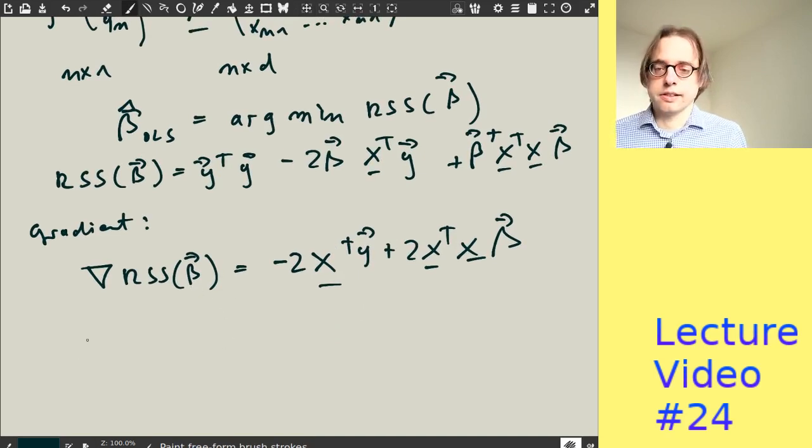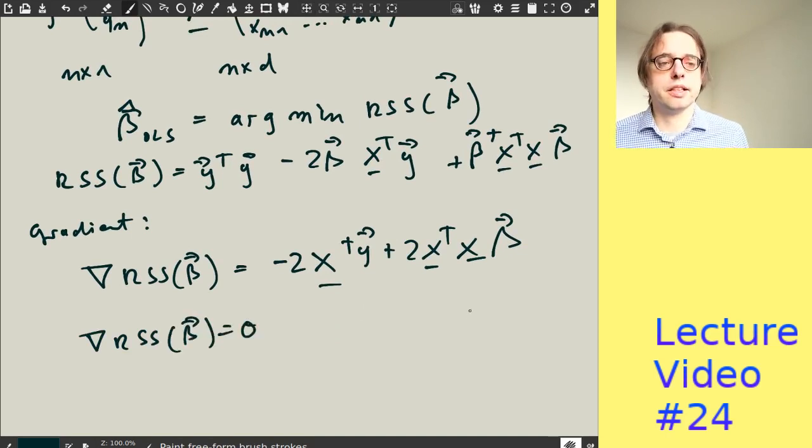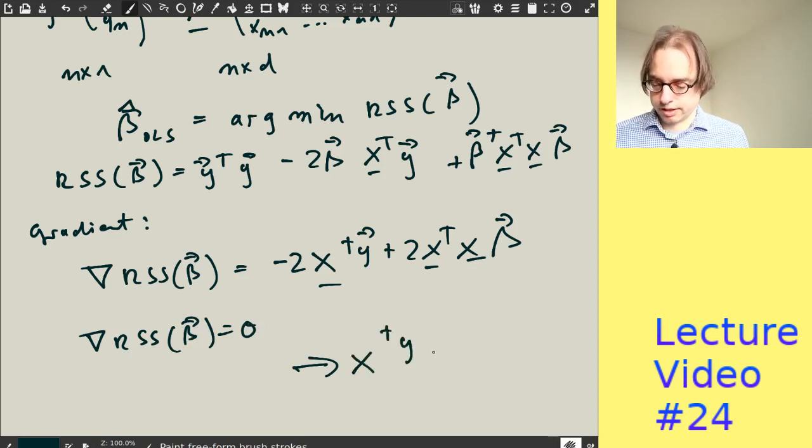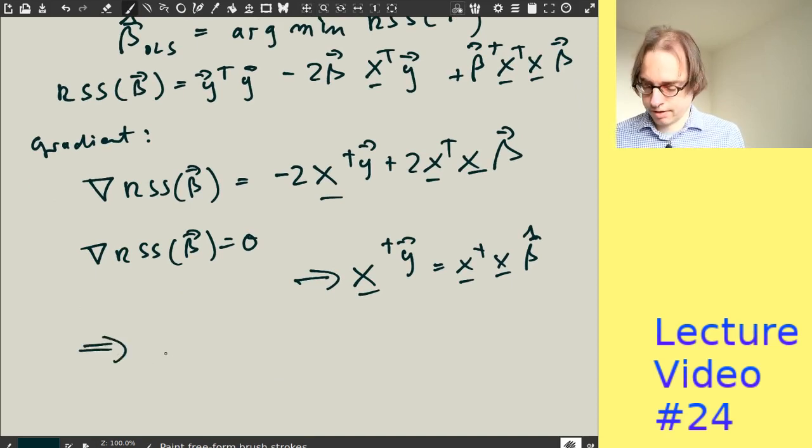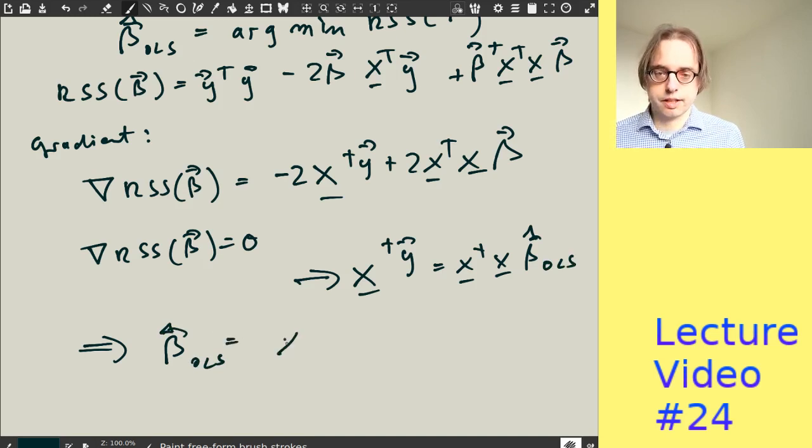And we set it equal to 0, then we know that we have an optimum, and this leads to the solution that x transpose y equals x transpose x beta hat, and this gives immediately the solution beta hat OLS is x transpose x inverse x transpose y.